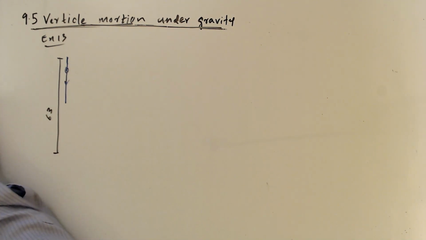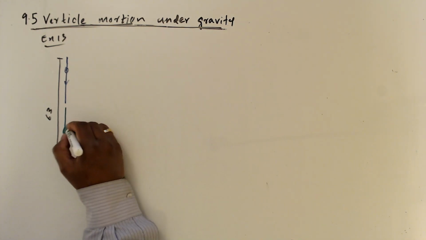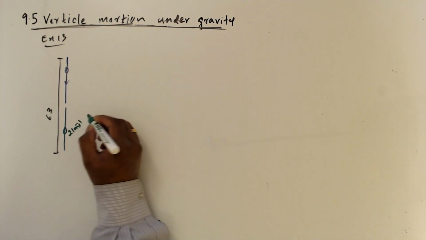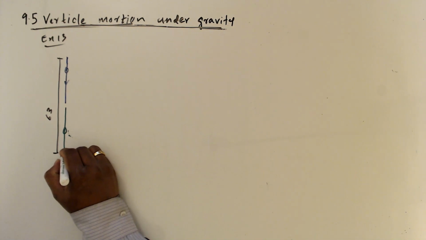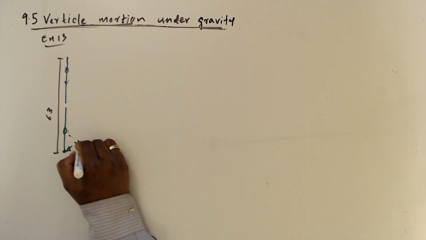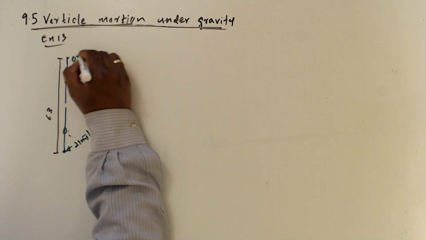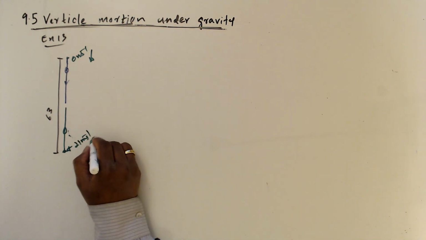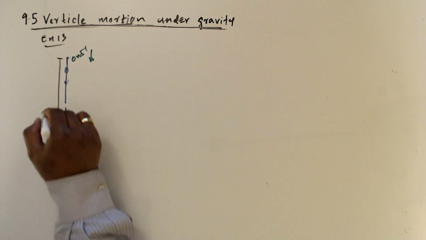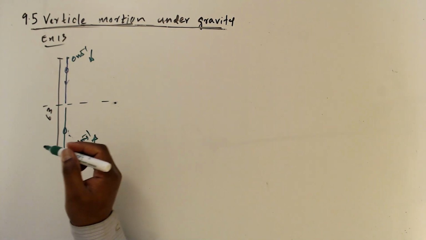And at the same time, another particle is projected upwards. So this is 21 m/s at the starting point. And the other starting speed is 0 m/s, let's say in this direction. This is the upward. And we are going to work this sum separately.